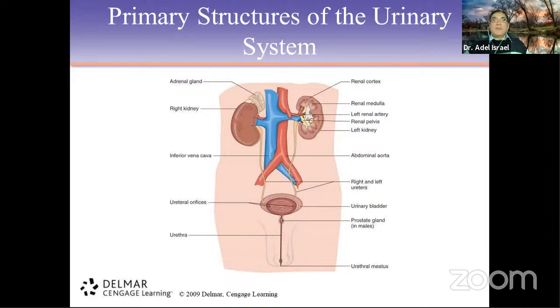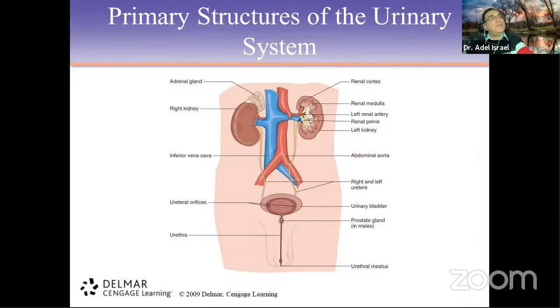This is number one. Number two, the male reproductive system starts to join the urinary system at the level of the prostate, so it will be a common passageway at this level, but in the female, the reproductive system and her urinary system are totally separated. So these are the two differences. I need everyone to keep it clear in your mind, please.